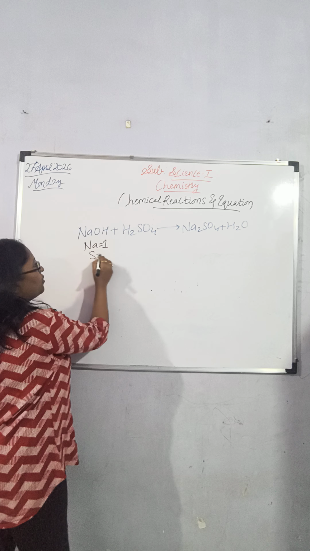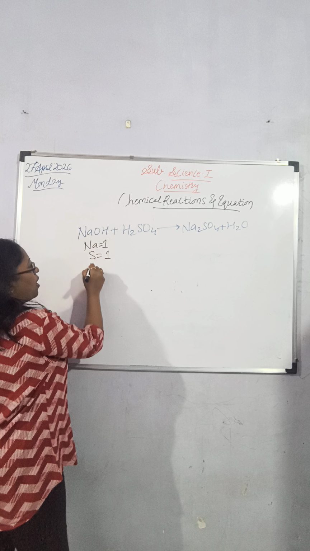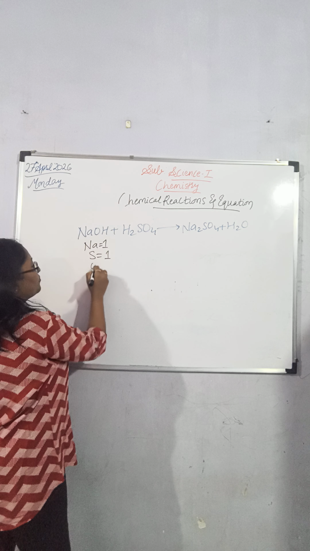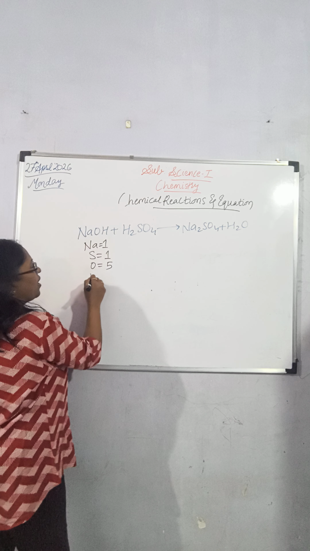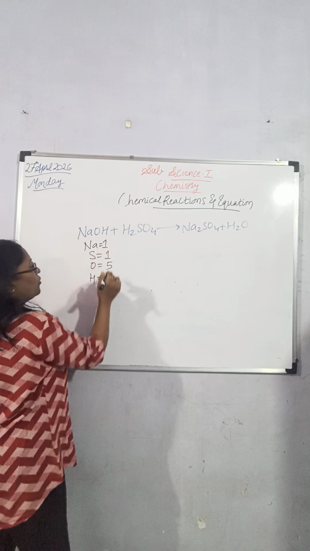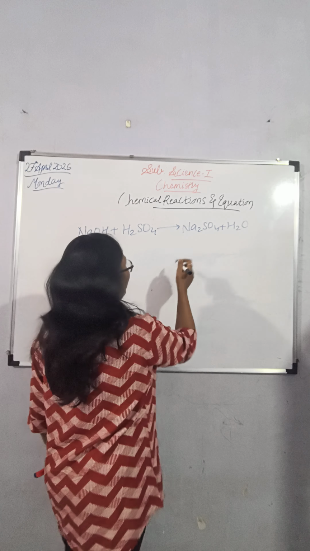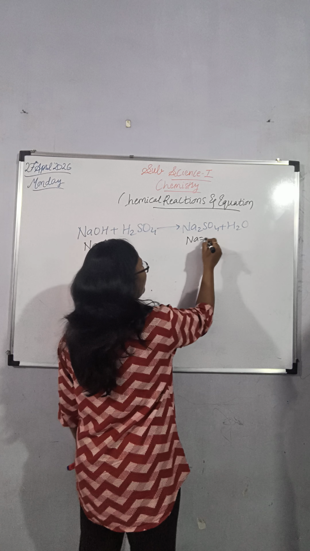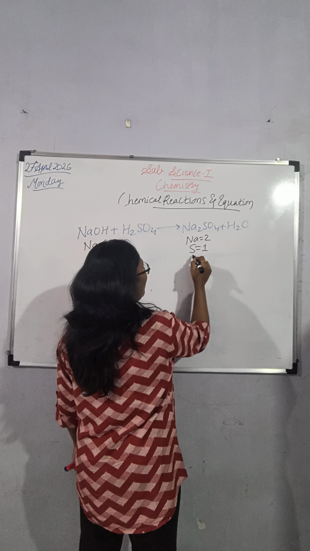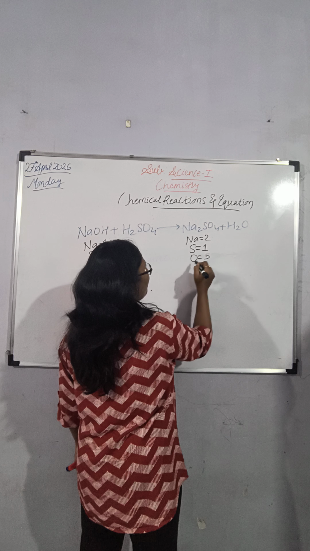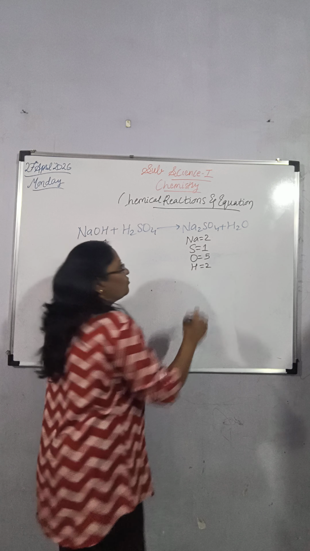Sulfur 1, oxygen 1 and here 4, so total 5, and hydrogen 1 and here 2, 3. We'll see the product side. So sodium 2, sulfur 1, oxygen 5, and hydrogen 2.